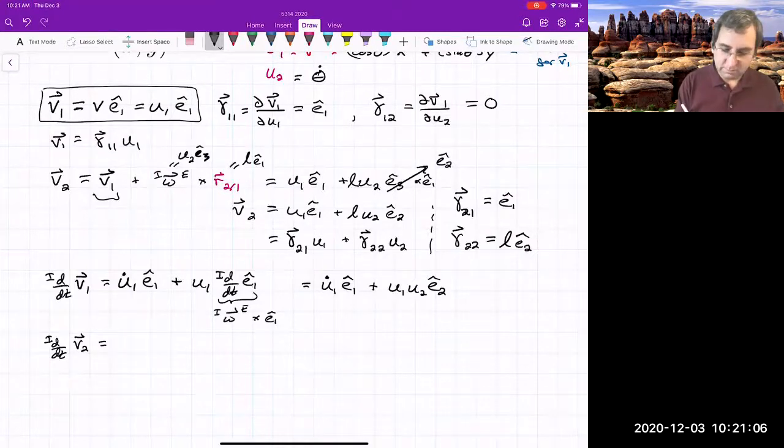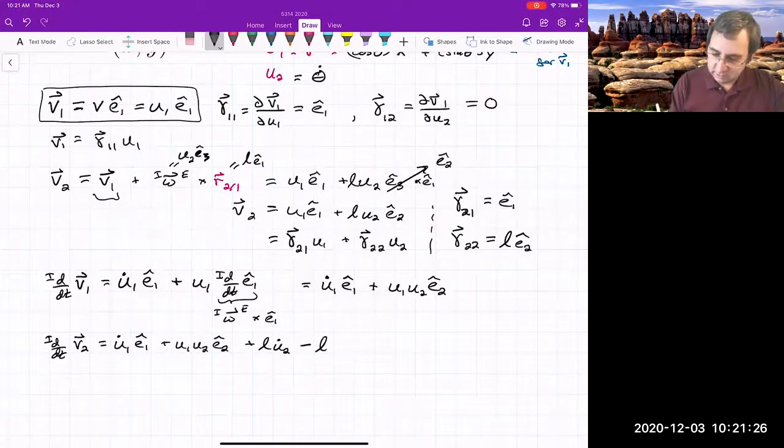This is U1 dot E1 plus U1 U2 E2 plus L U2 dot, and then there's a minus L U2 squared.